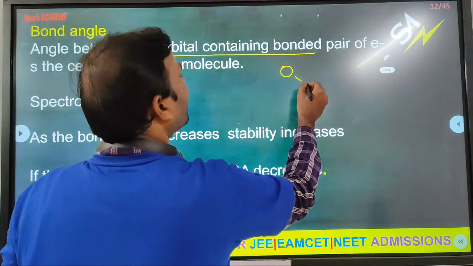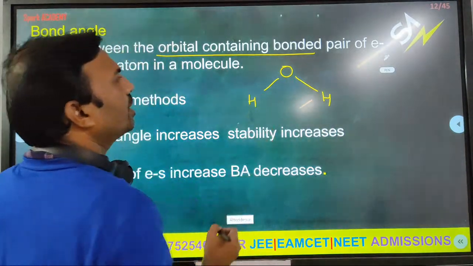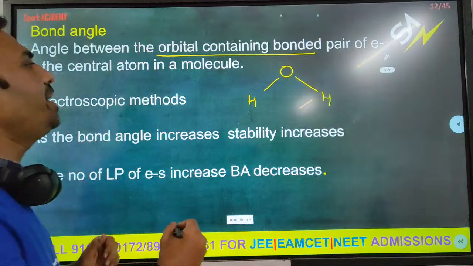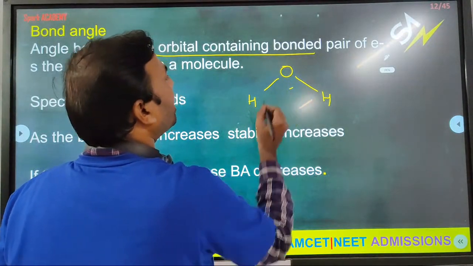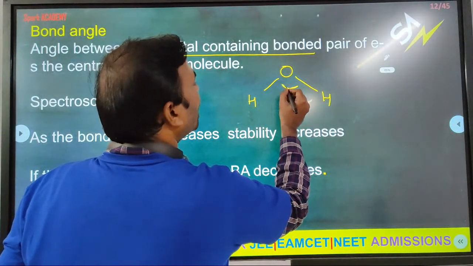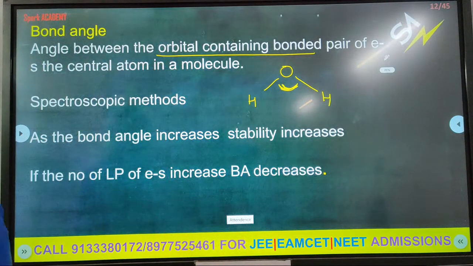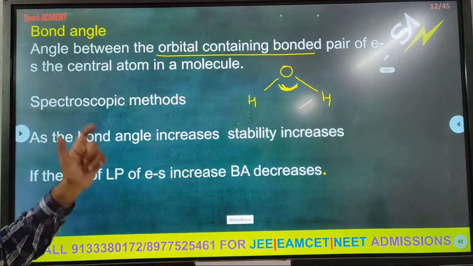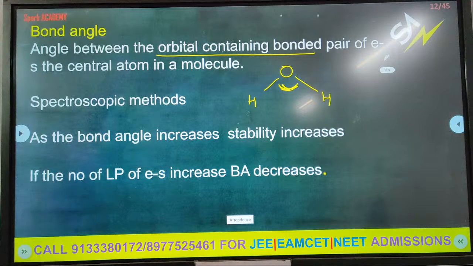The orbital containing the bonded pair, if it is hydrogens, the angle between the central atom and these bonded pair orbitals is called the bond angle. So bond angle is also a bond parameter. By spectroscopic methods we can predict the bond angle.